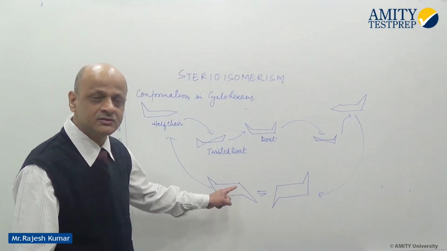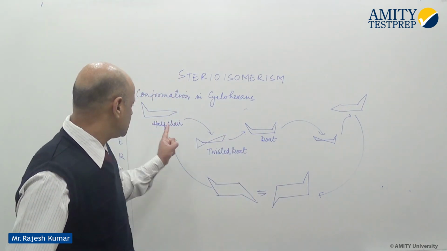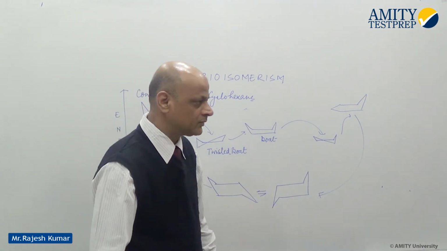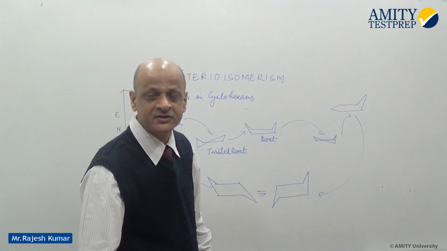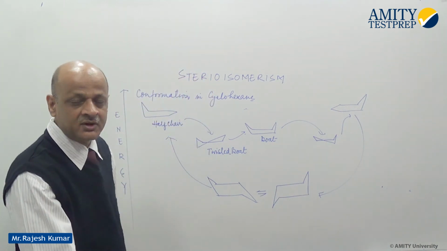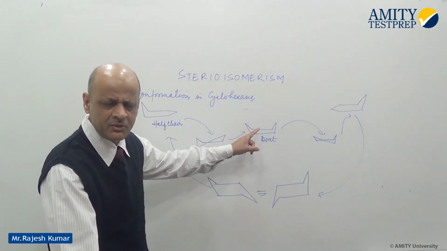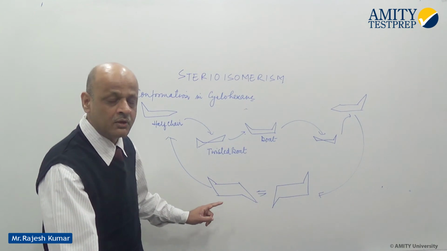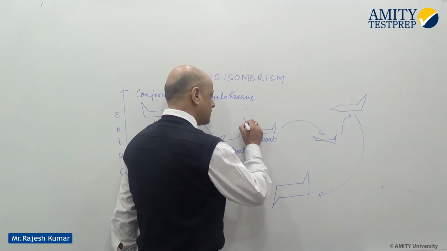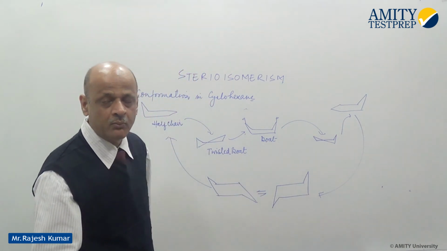In a ring flip, this chair model gets converted into another chair model via boat model, half chair and twisted boat model. In this ring flip, the different stages and different conformations have different stability as well as different energy. Half chair has the maximum energy, so its stability is the least, while the boat model has less stability than the chair model, because one of the bonds, the flagpole bond, is eclipsed.